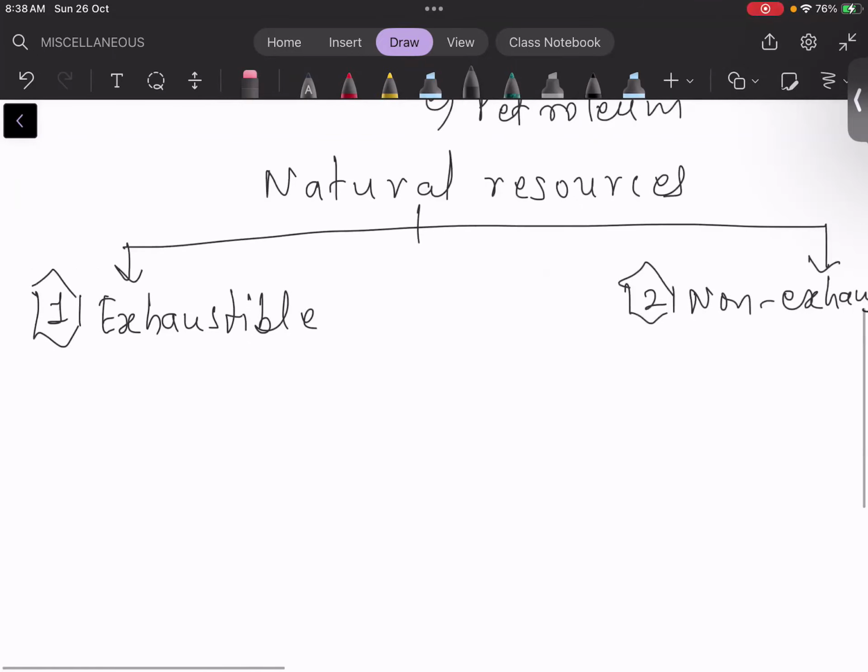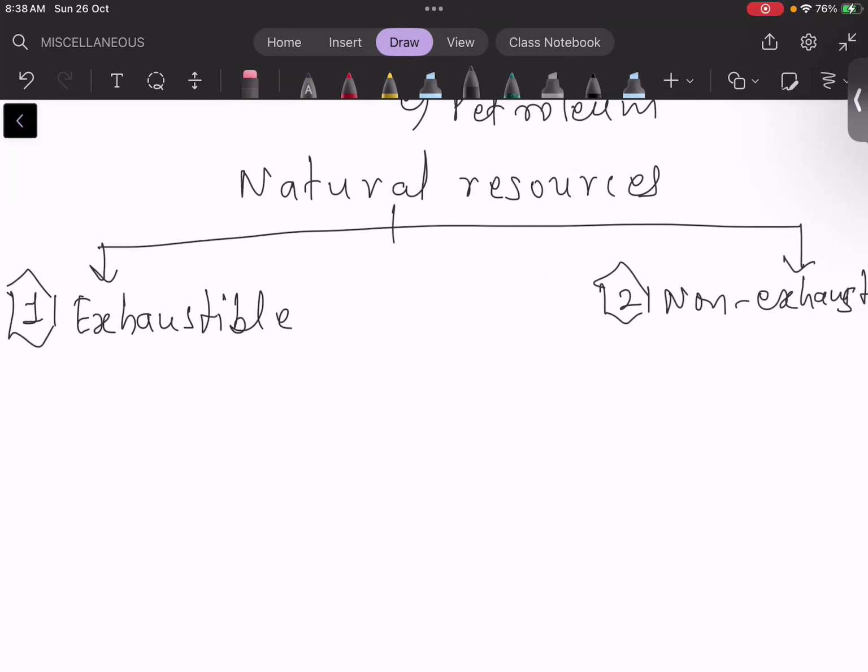Now, what are exhaustible resources? Resources that are in limited quantity and get finished by overuse are called exhaustible. So, exhaustible resources are limited and they can be exhausted by human activities.